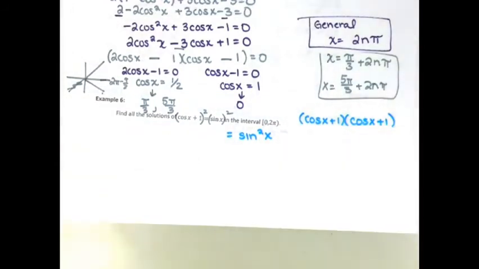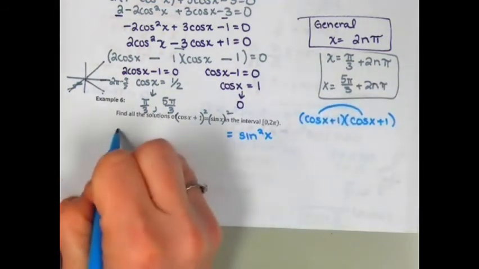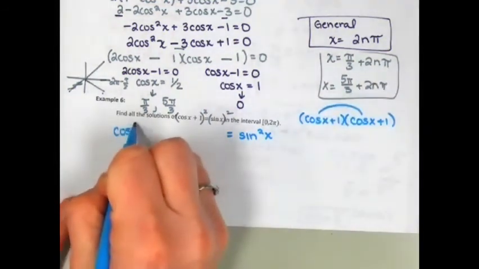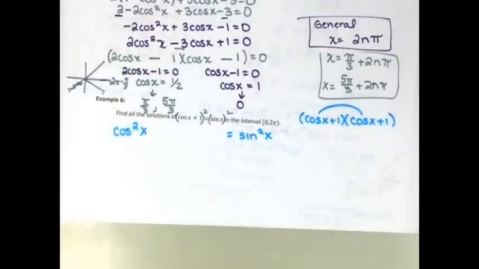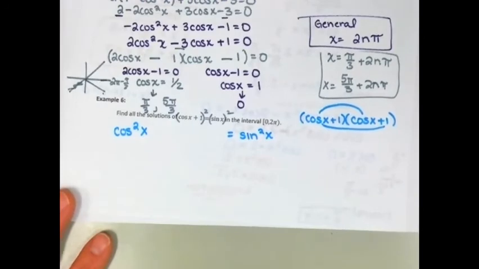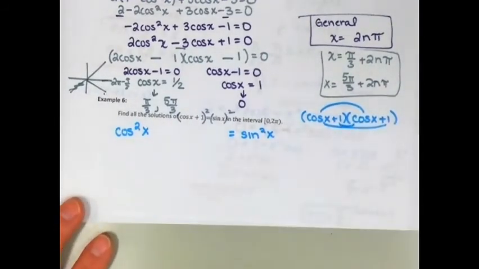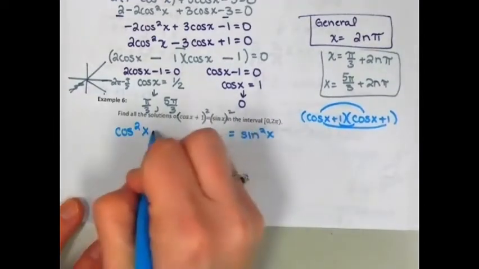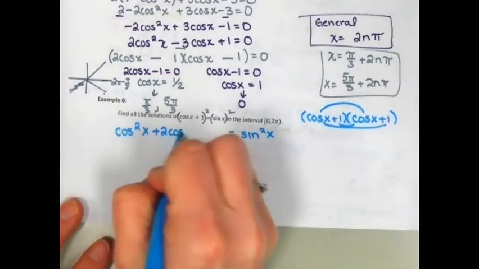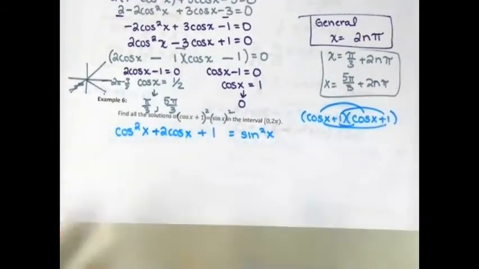So I actually have to FOIL that, don't I? Yeah. So what's cosine times cosine? Cosine squared x. Cosine times 1 is cosine. What's cosine times 1? Cosine. So what's cosine plus cosine? 2 cosine, yeah. X. And then what's 1 times 1? 1.